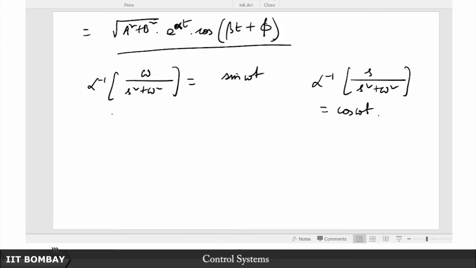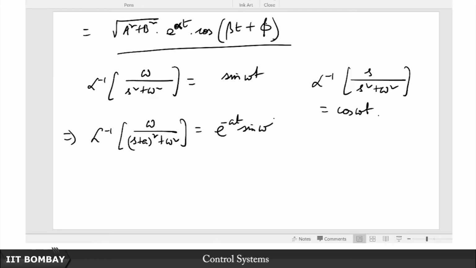Now we use the complex shift property to show that omega over s plus a whole squared plus omega squared is equal to nothing but e to the minus at sine omega t. Same thing applies for the, sorry, no, this is a cos, this is going to be a cos, excuse me, it's not really sine, let me correct that.